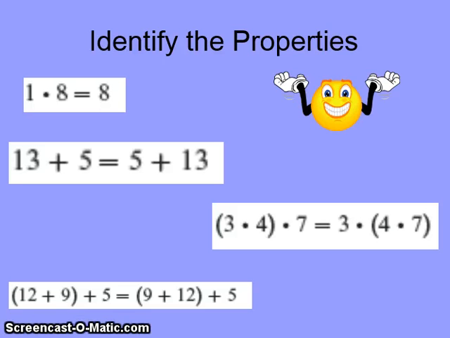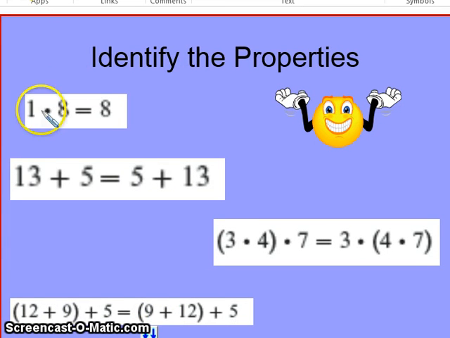Here we want to identify the properties that are being used in these situations. These are examples and they all need to be written in your notes. The first one has 1 times 8 equals 8. Now we know this is going to be a property of multiplication because we're multiplying here. The difference between this side and this side is that we're multiplying by 1 and getting the same number.